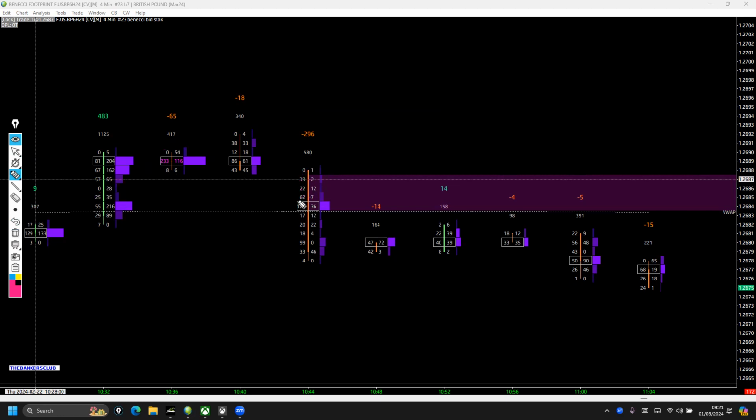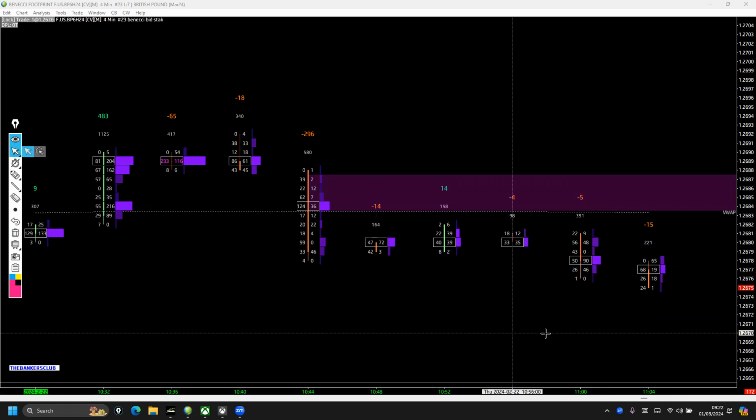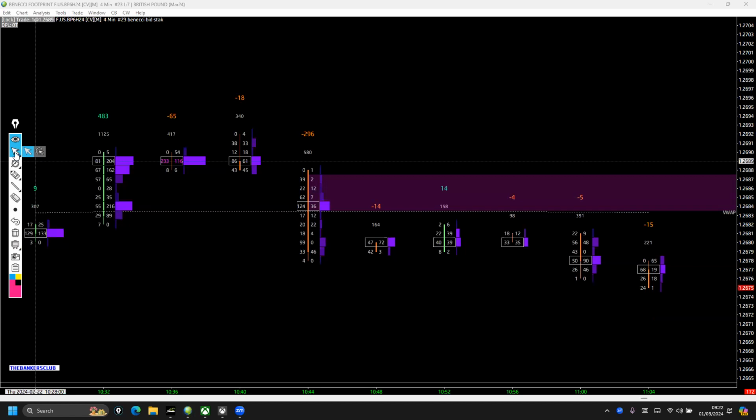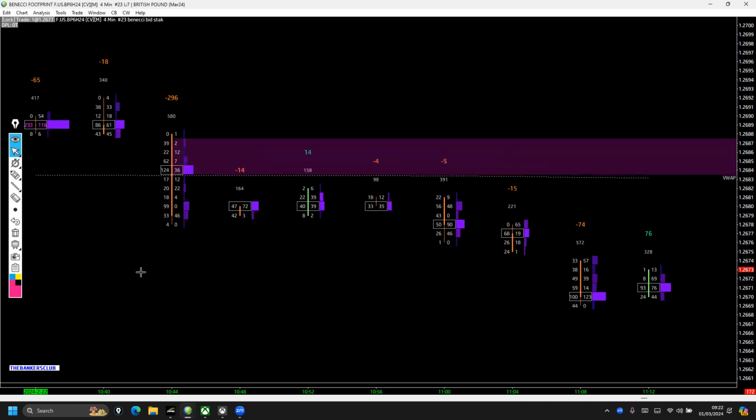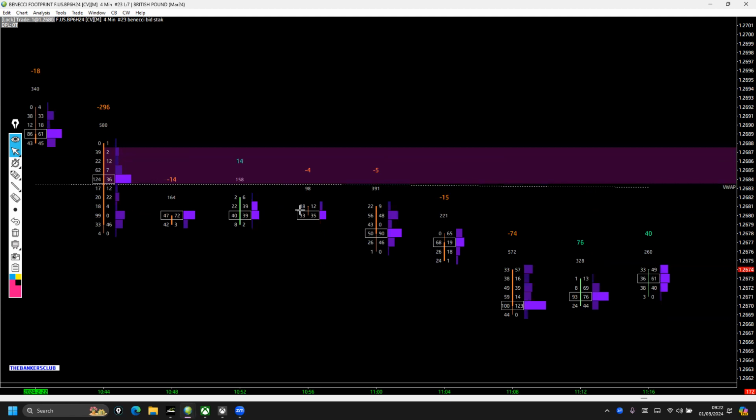So much larger volumes here of aggressive sellers, creating the stacked imbalance at VWAP as well, we can note.